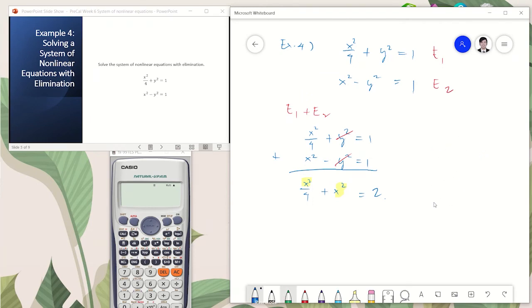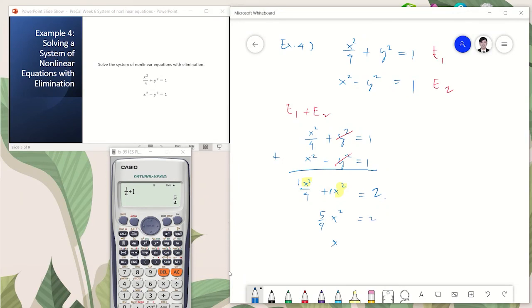So we're gonna copy x squared, the common literal coefficient, and the numerical coefficient of our first term is actually 1/4. Use your calculator because you're allowed. So 1/4 plus the numerical coefficient of x squared in our second term, which is 1. So plus 1. So you will get 5/4 x squared is equal to 2.